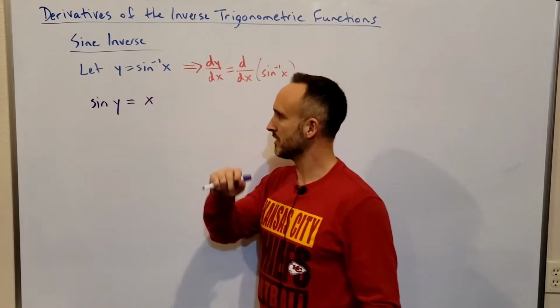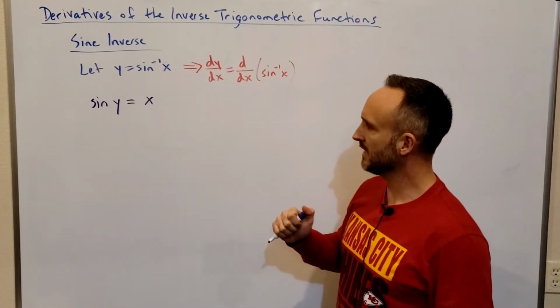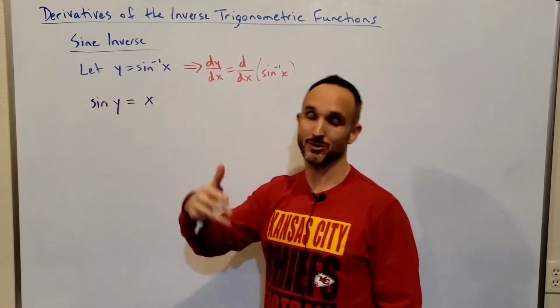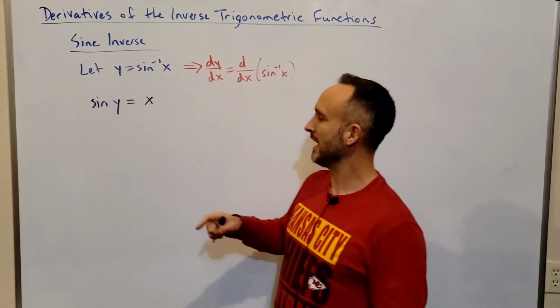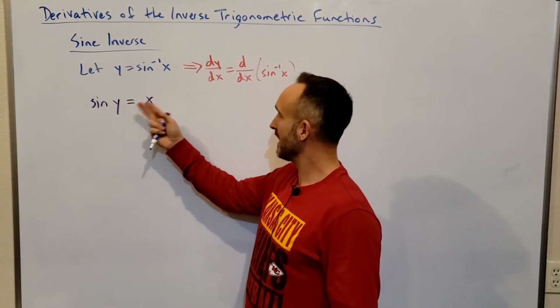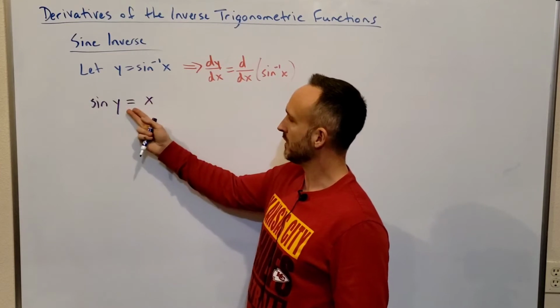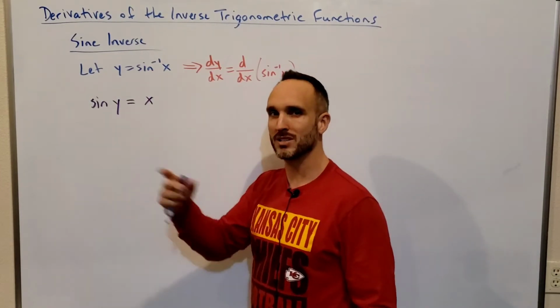So we just inverse everything like that. And this we can work with. We can differentiate the sine function because we know the sine derivative. And we can go about finding dy dx because y is sine inverse of x. We can find dy dx here implicitly.